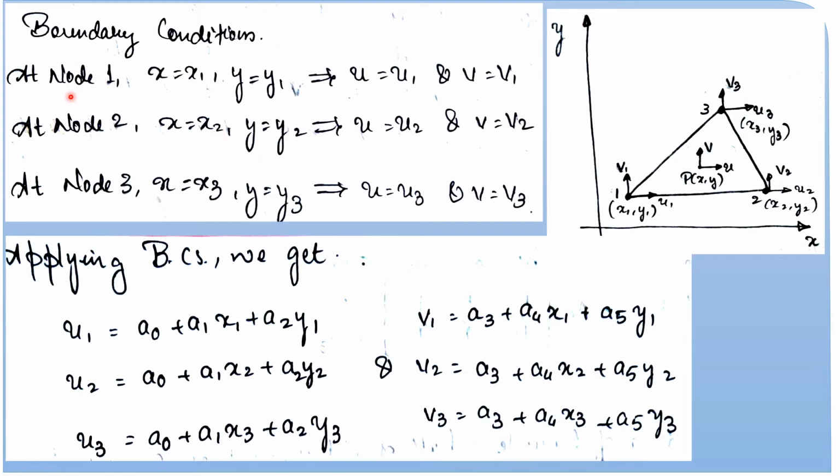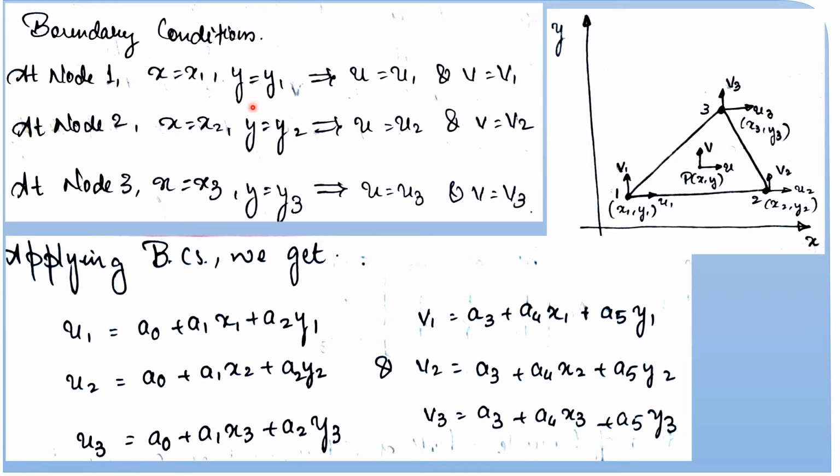These are the boundary conditions at node 1: at x equal to x1, y equal to y1, u will be equal to u1 and v will be equal to v1. At node 2, x equal to x2, y equal to y2, u equal to u2 and v equal to v2. Similarly at node 3, x equal to x3, y equal to y3, u equal to u3 and v equal to v3.